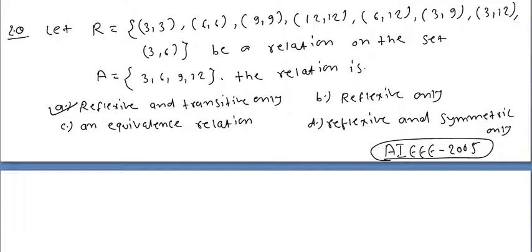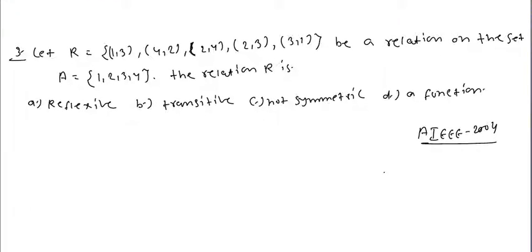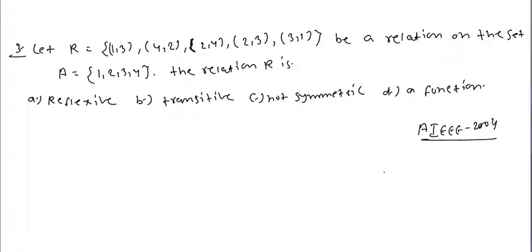This is a question of AIEEE 2005. Now our next problem is AIEEE 2004. The given relation R is {(1,3),(4,2),(2,4),(2,3),(3,1)}, a relation on the set A = {1,2,3,4}. Then the relation R is reflexive? You know the condition for reflexivity.